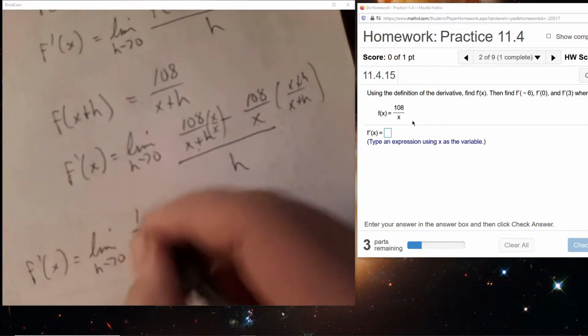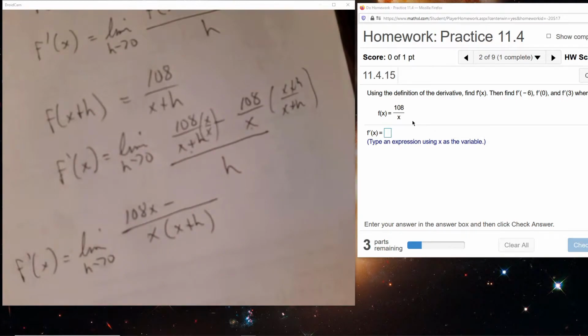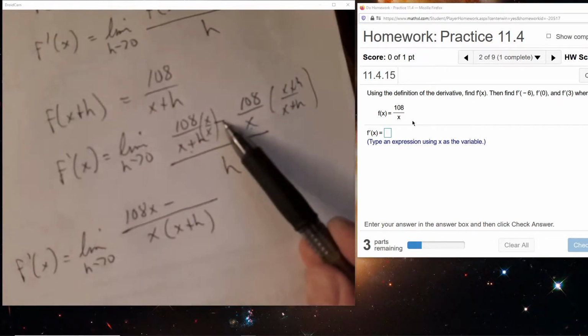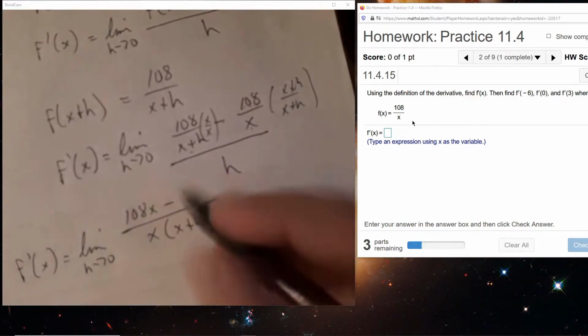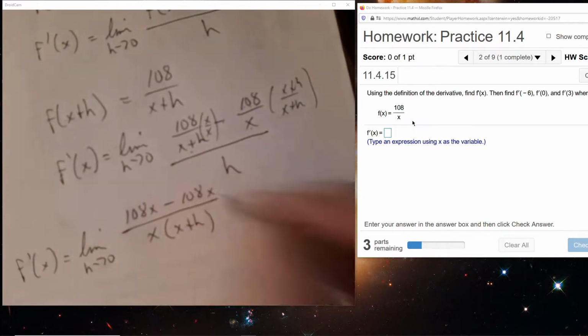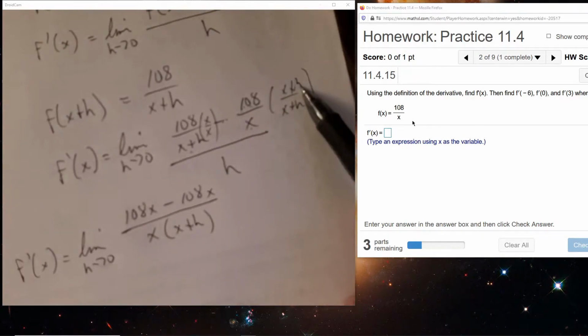And so we will get then 108x minus, so be careful here, this is minus 108 times x. And then this is minus 108 times h.